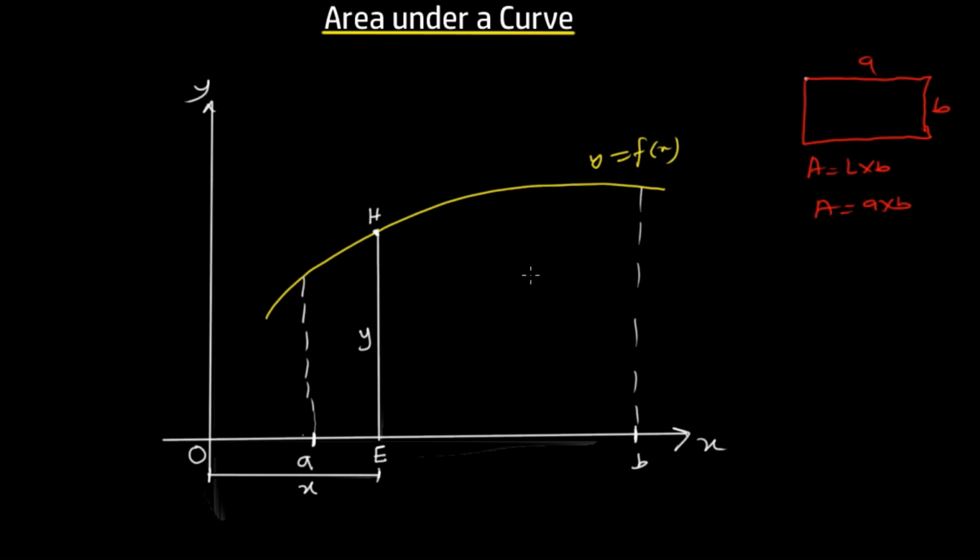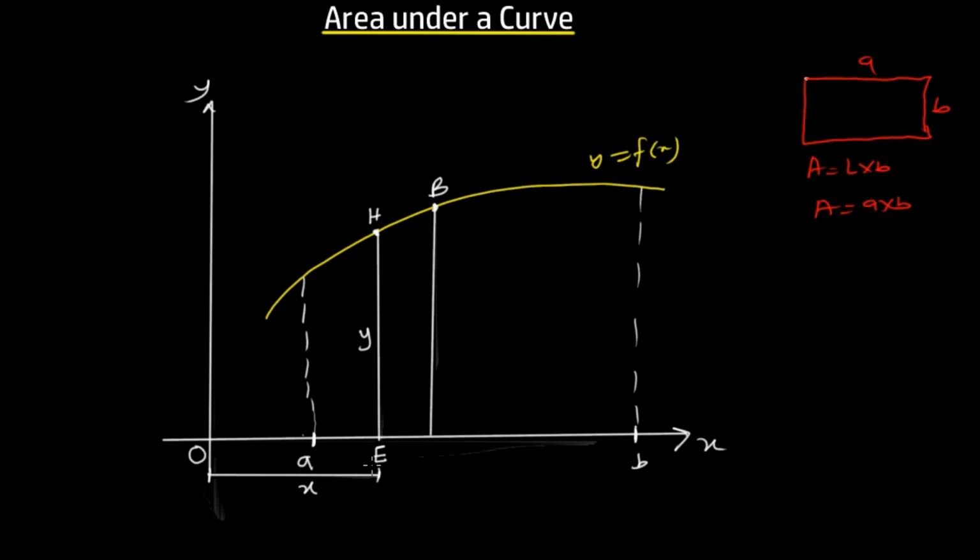And also we should take any neighboring points, any points around H. We can take another point A. We will see later, when we start looking at the concept of the trapezoidal rule, that the smaller these two points are to each other, the better our estimate. So if you take another point, say B, on the curve, and we extend this downward.